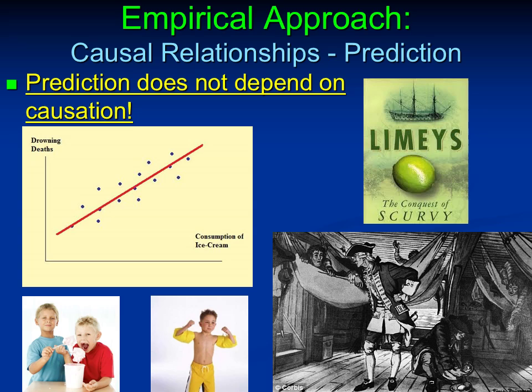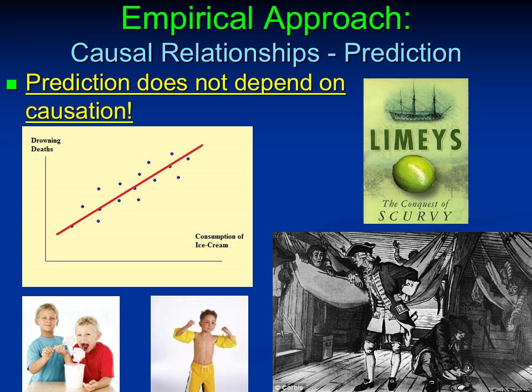But remember that prediction, interestingly enough, is not necessarily dependent on causation. Prediction is not dependent on knowing causation. Now, the book actually gives a great example of the correlation between ice cream consumption at the beach and drownings. Ice cream consumption at the beach and drownings appear to be correlated, right?